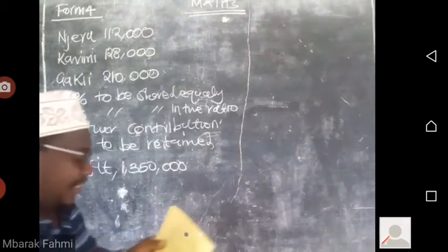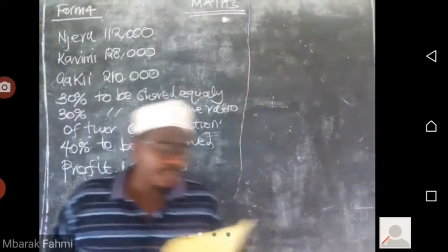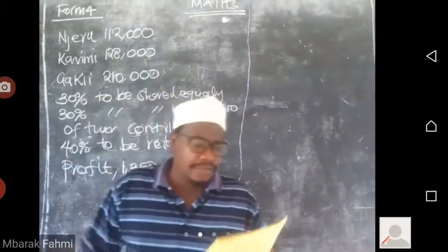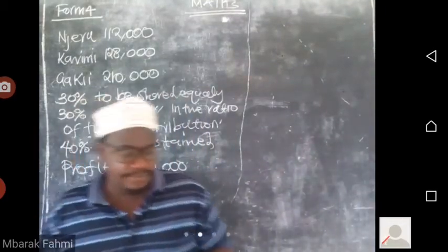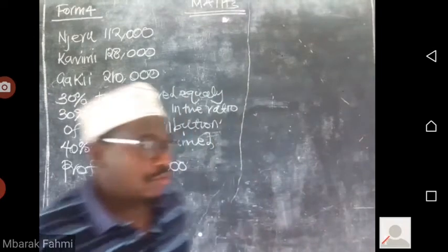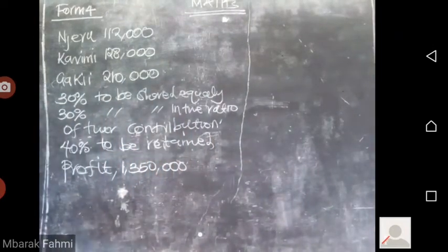Calculate part A, the amount of money retained for the running of the business at the end of the year.